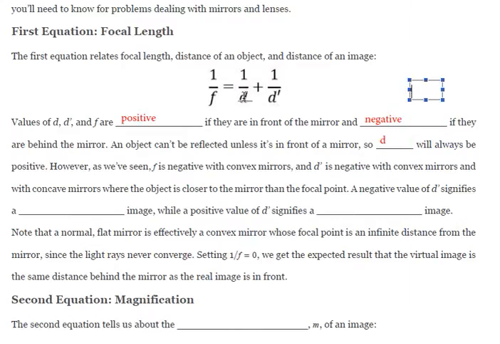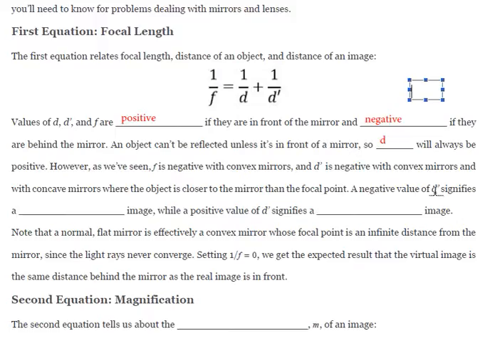So your 1 over d should always be a positive term, but we've seen in some cases that the focal length will be negative, and that's when we talked about convex mirrors. And d prime will be negative also for convex mirrors, and for concave mirrors, but only when the object is closer than the focal point.